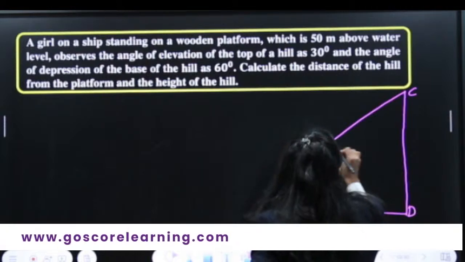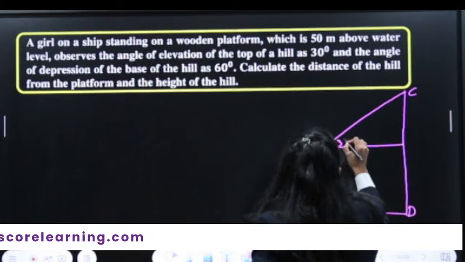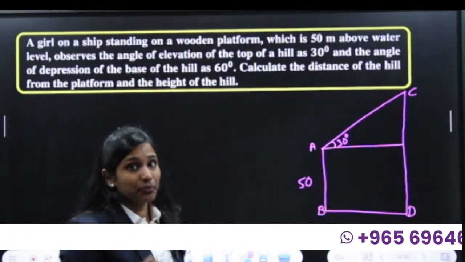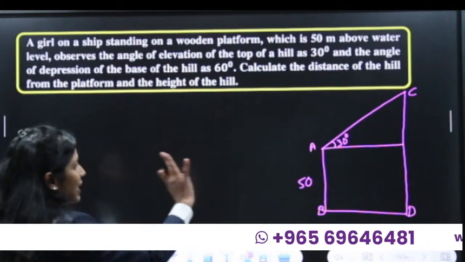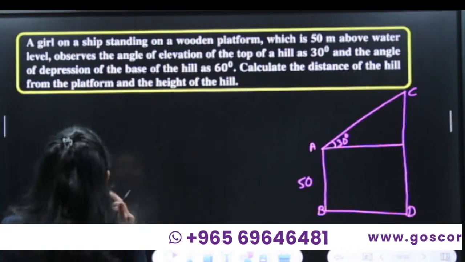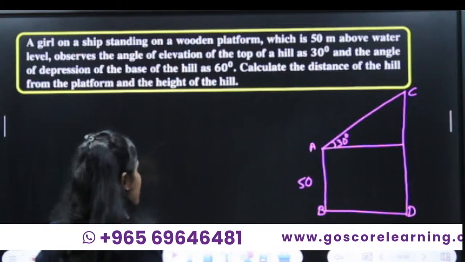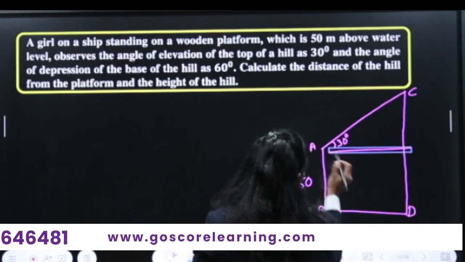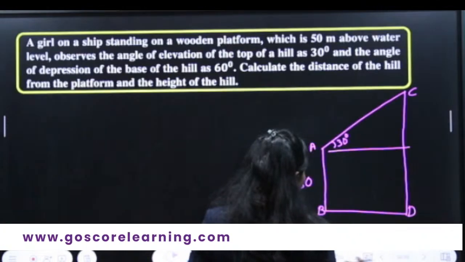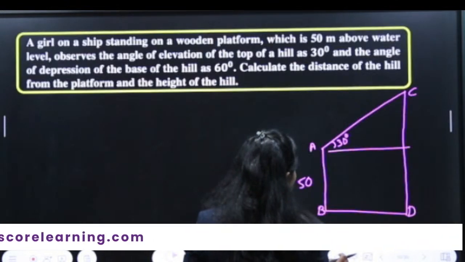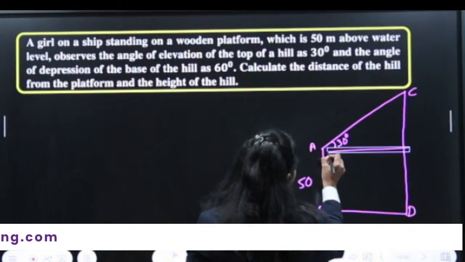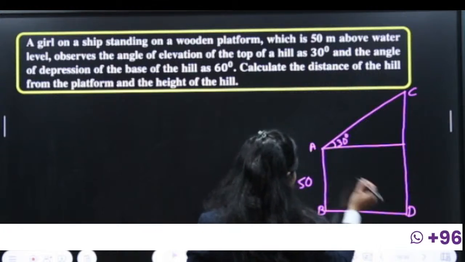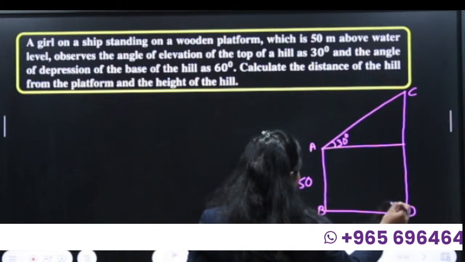Okay, so angle of elevation is 30 degree. Don't forget to draw the horizontal line. That's very, very important. Okay. So the elevation angle is here. Now what else? The angle of depression of the base of the hill is 60 degree. So we have angle of depression.